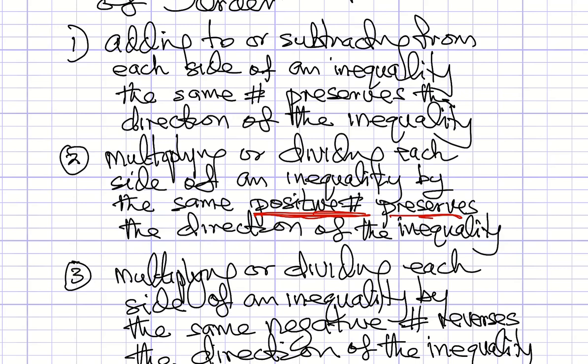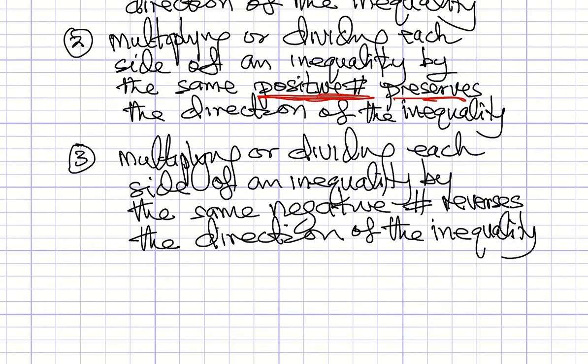It stays the same. Now, here is the one that you gotta pay attention to. You can just remember this and forget the other one. This is the only thing that changes something. Multiplying or dividing each side of an inequality by the same negative number reverses the direction of the inequality.